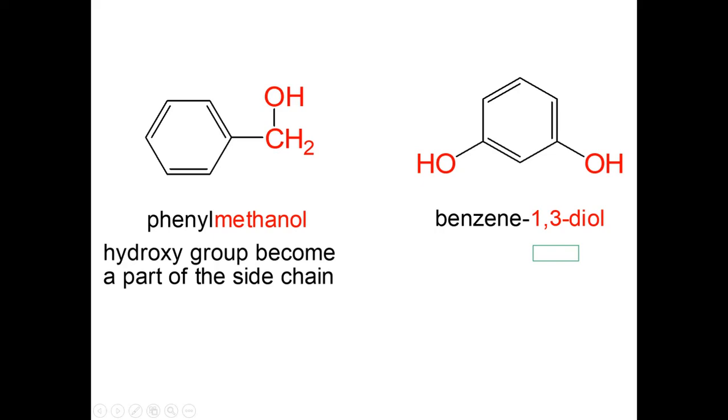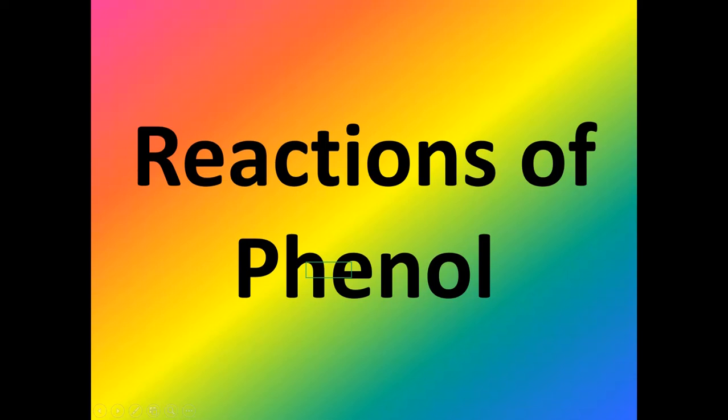Benzene-1,3-diol. Here is 1, 2, 3. 1, 3 is the location of the hydroxyl group on the benzene ring. Why do you need to put di? Because you observe 2 hydroxyl groups on the structure. You need to put diol, benzene-1,3-diol.